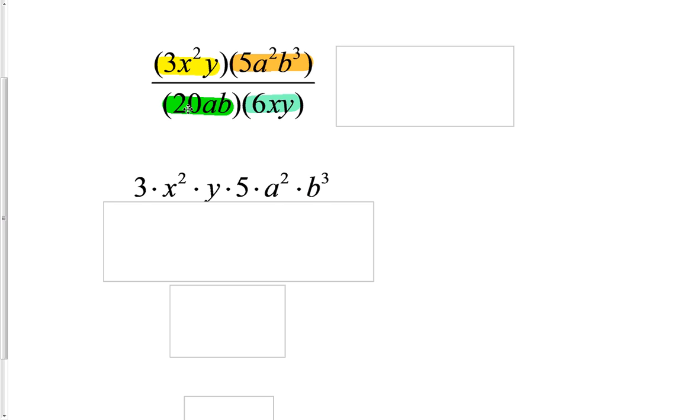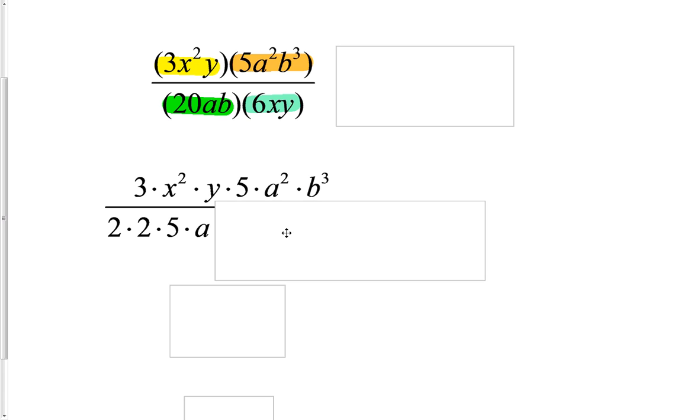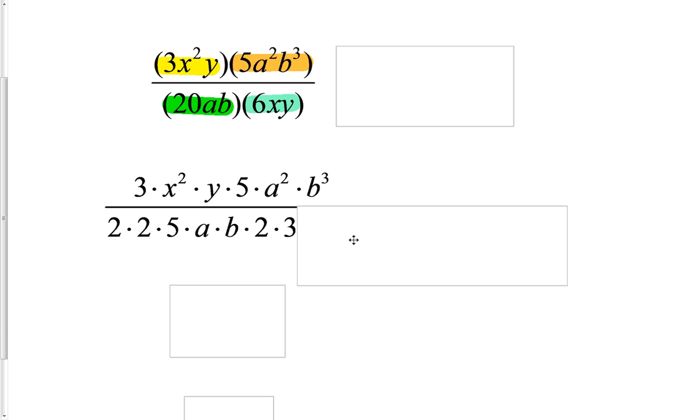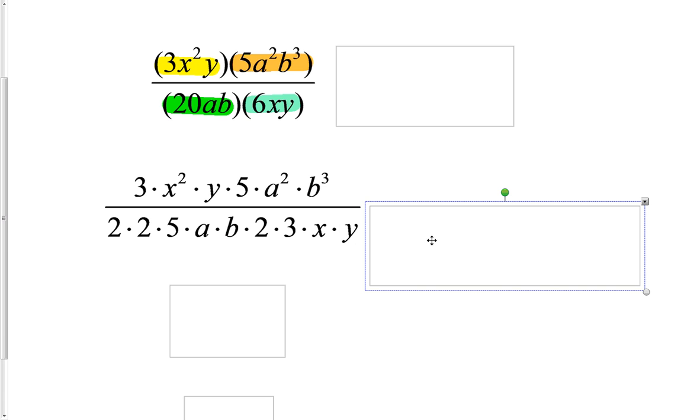In our denominator, 20 factors into 4 times 5, which is 2 times 2 times 5. So we'll write that out. We have our a and our b. We have our 6, which factors down to 2 and 3. And then we have our x, y. So what we did here is we wrote out all the factors on top, all the factors on bottom, and now we can go through and start canceling.